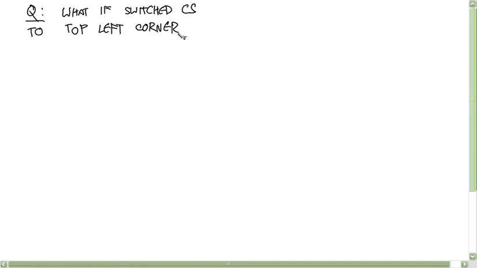So now, question: what if we had the same problem, but we switched the coordinate system to be at the top left corner and rotated this way, okay?